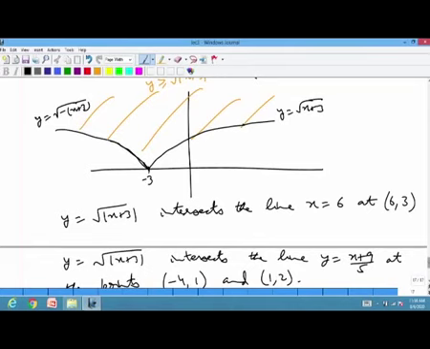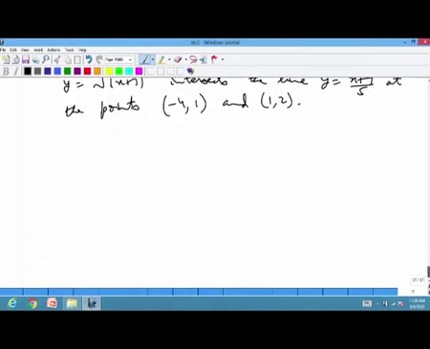So, let us draw this. The region is as below.